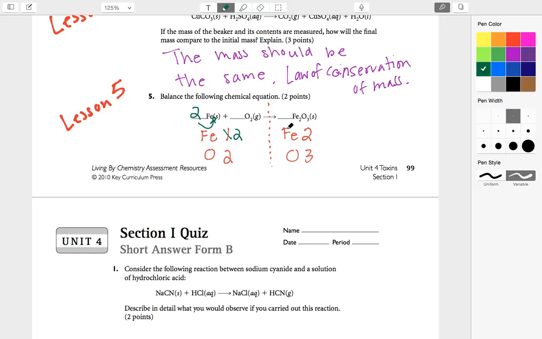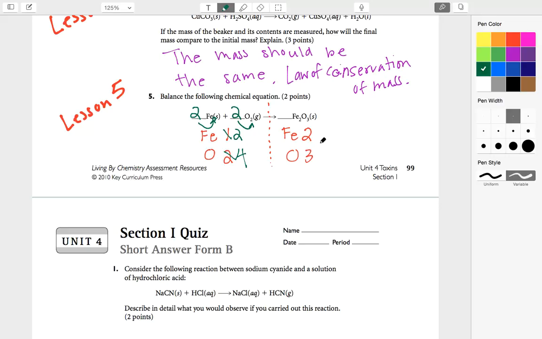Cool. So now my iron is balanced, oxygen, not so much. So what I need to do next is to figure out how to balance my oxygens. Well, I can add another 2 here, right? I'm just trying things out, right? 2 times 2 will give me 4 oxygens total, and that's not so great because I have 3 oxygens here.